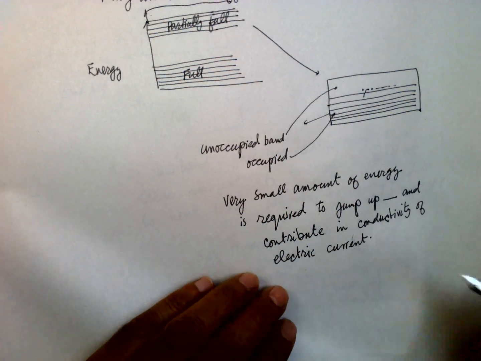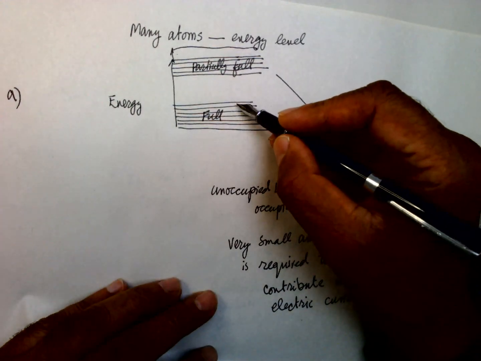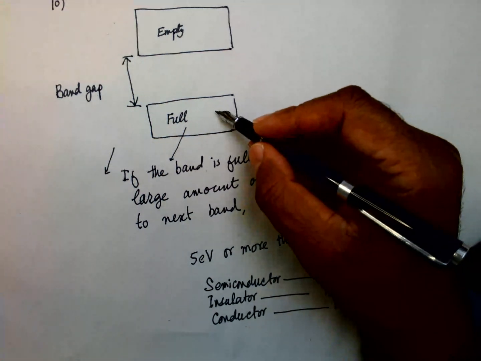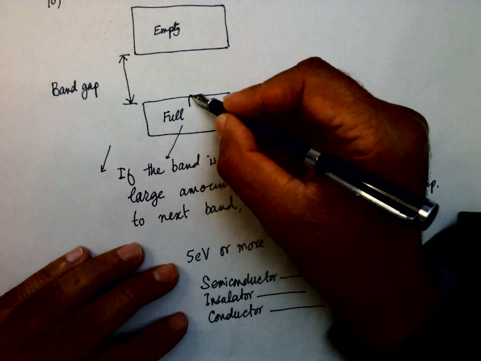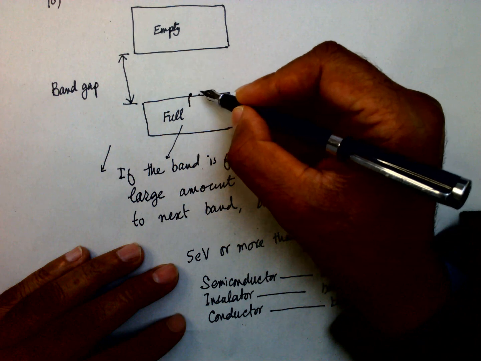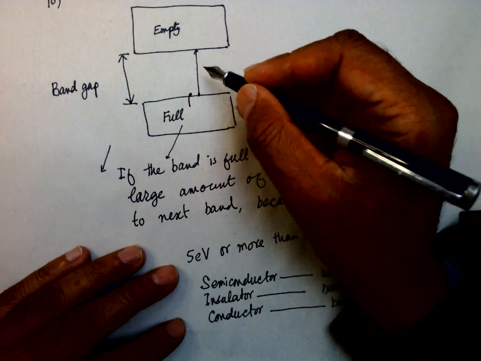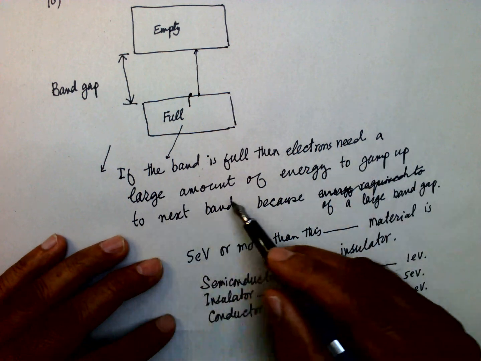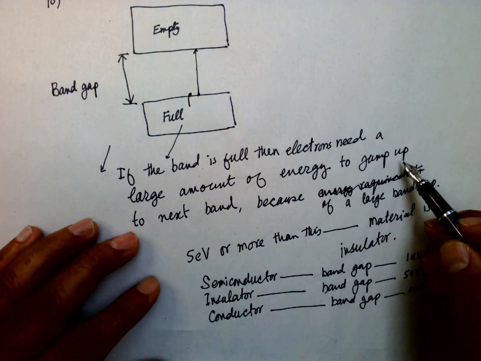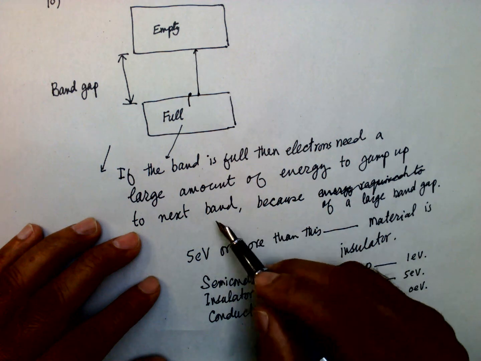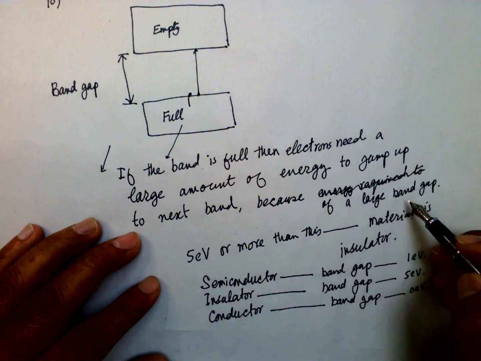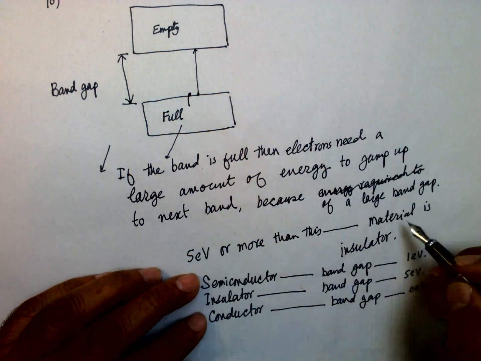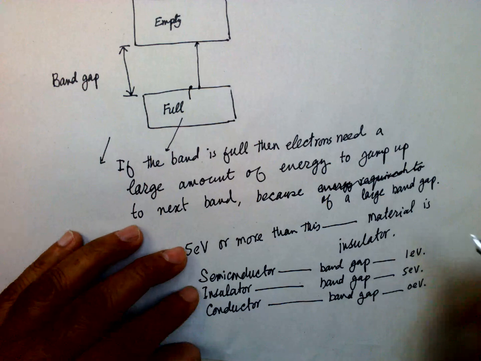But in the case of a full band, the electrons cannot move within the band. They have to move from this one to the upper level. If the band is full, the electron needs a large amount of energy to jump up to the next energy band because of the large band gap. If the band gap is more than 5 electron volts, the material is called an insulator.